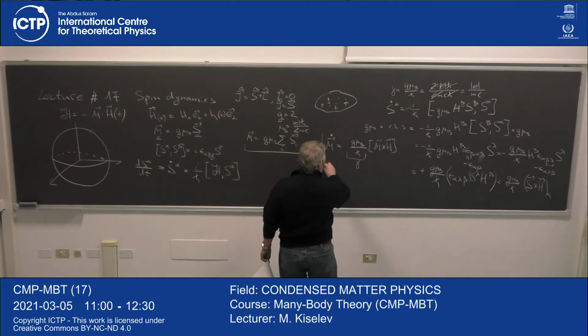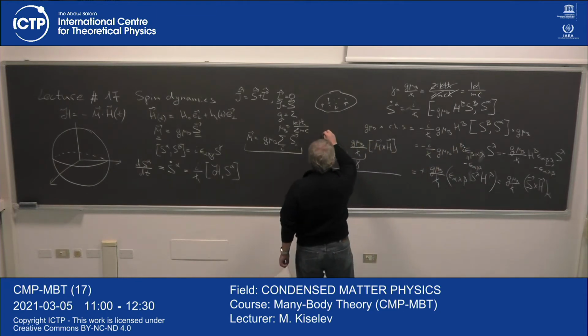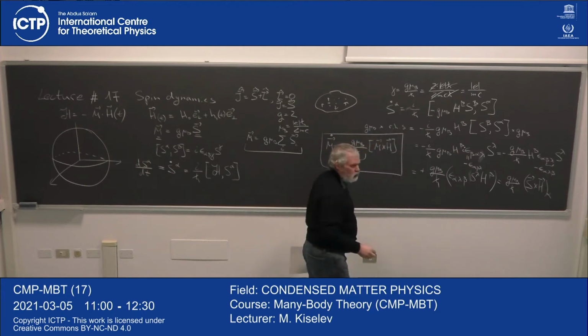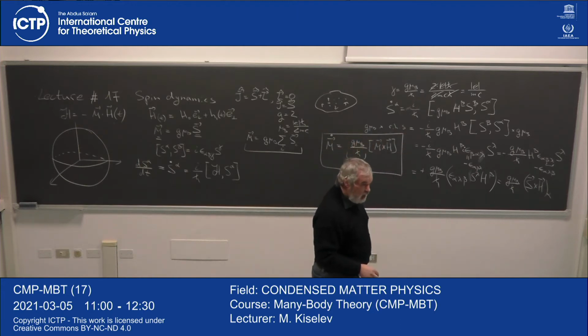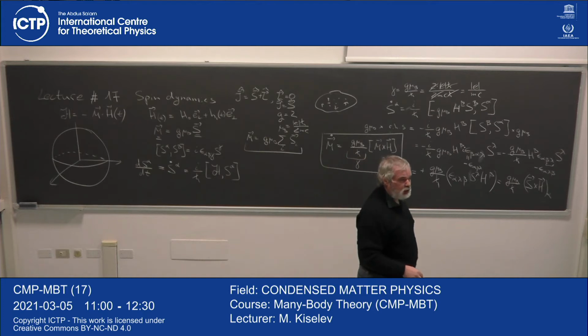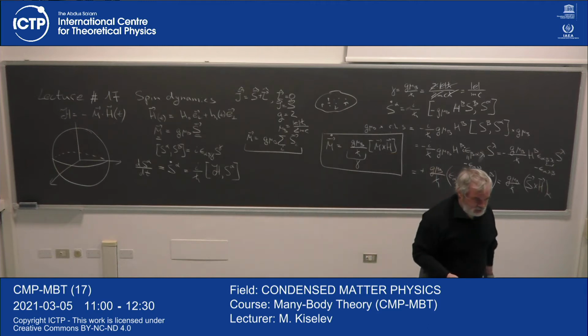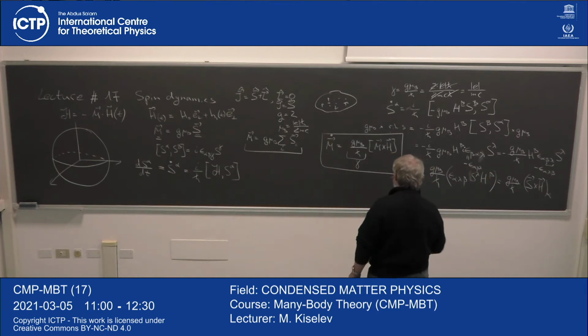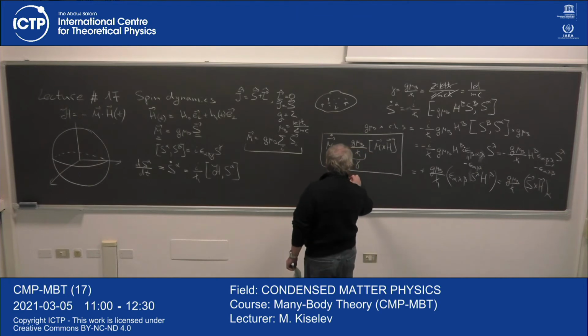So I got an equation which in the literature is called the gyroscope equation. And now I'm going to solve it under certain approximation, considering some configuration of the magnetic field. So this is a gyroscope equation.